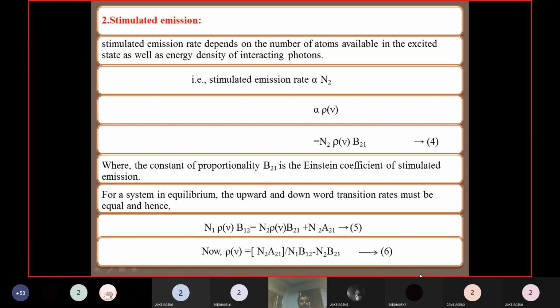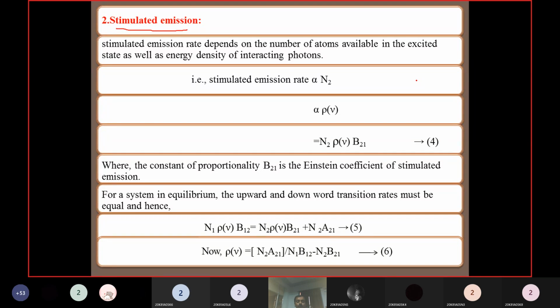Now another emission is stimulated emission. What is the definition of stimulated emission? Stimulated emission is because of an external source; the external source triggers the excited electrons.